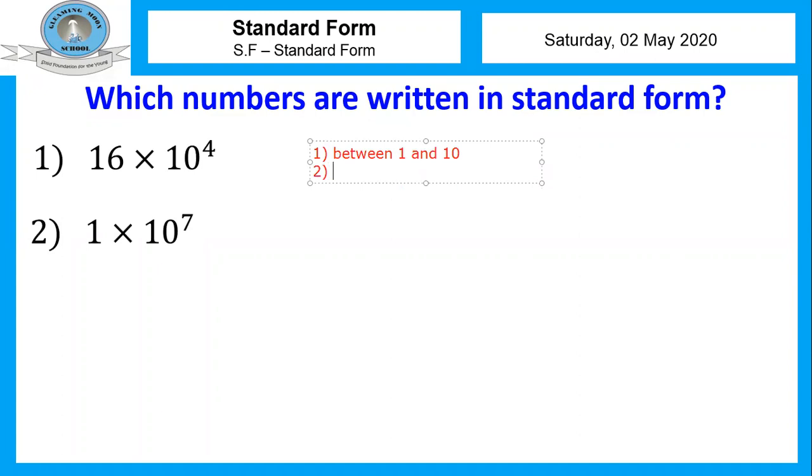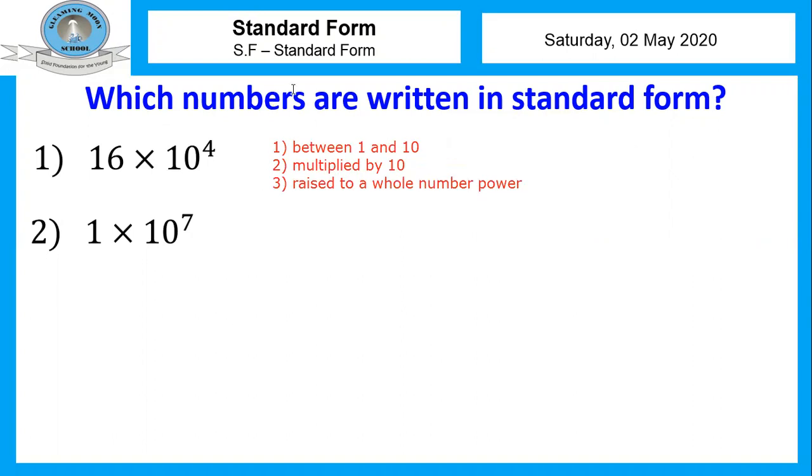Feature number 2 is that it must be multiplied by 10. And feature number 3 is that the 10 must be raised to an integer power, or a whole number power. So in order to decide which one is in standard form and which one is not, we will be using these features as our criteria.